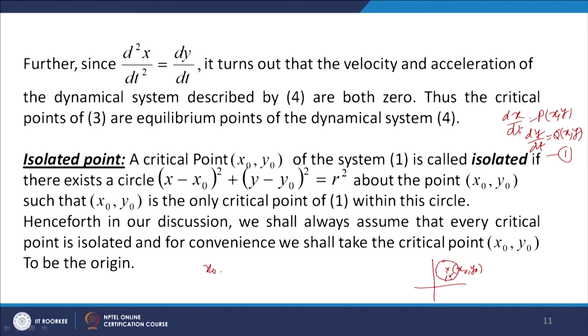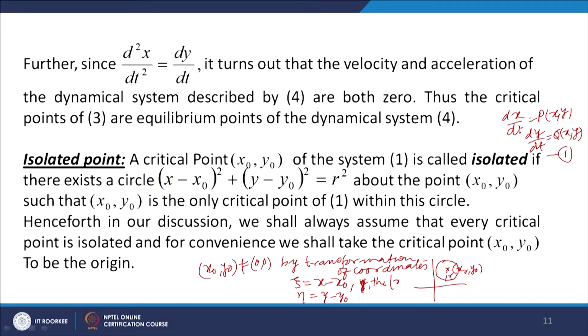Suppose (x naught, y naught) is not the origin, then by transformation of coordinates xi equal to x minus x naught, eta equal to y minus y naught, the point (x naught, y naught) is transformed into 0, 0 in the xi eta plane.